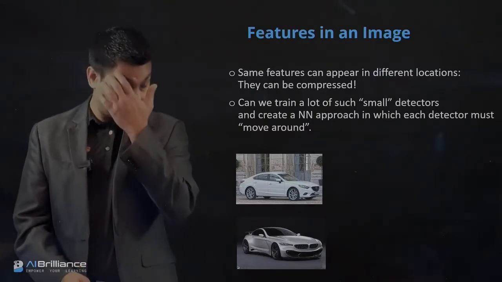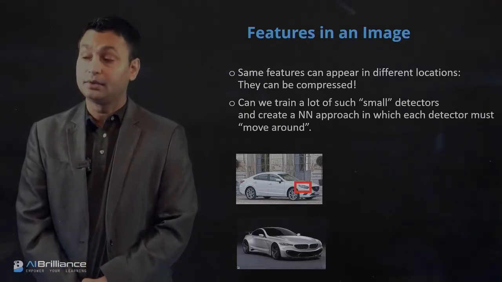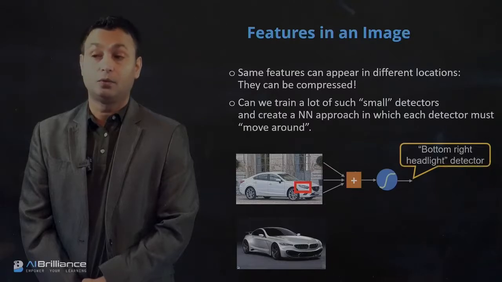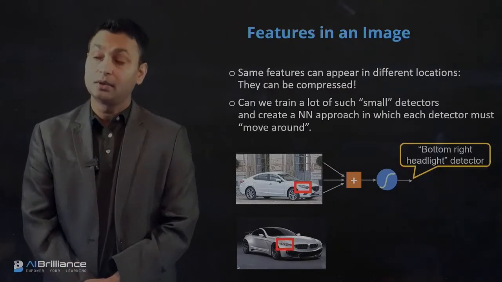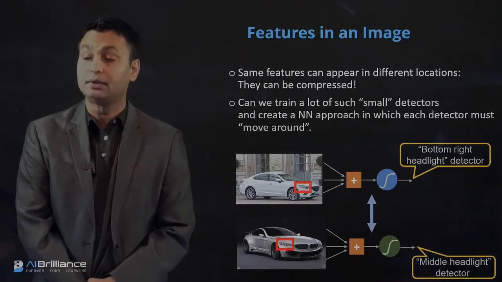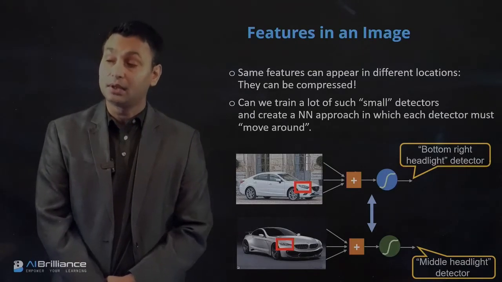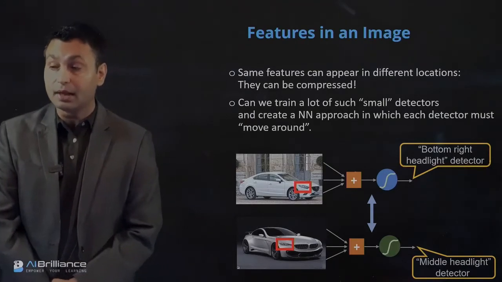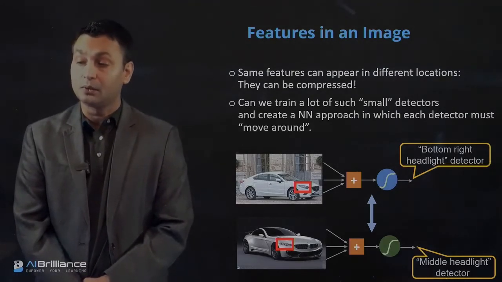Right now you see there are two different cars here. The headlight is here in this image, and we want to build a bottom-right headlight detector. Similarly, in this image we have a headlight right here, and we obviously want to detect that headlight too, but you can see that the location of the headlight in the two images is different. One is on the bottom right and one is in the middle.